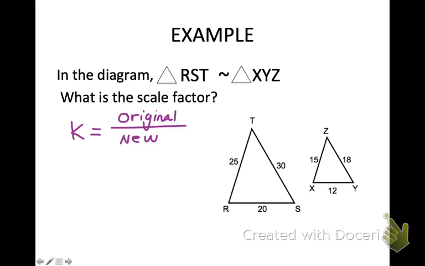You might want to put that on your index card. And label this K as your scale factor. So your scale factor, which we're going to use the letter K as our abbreviation, is equal to your original over your new.